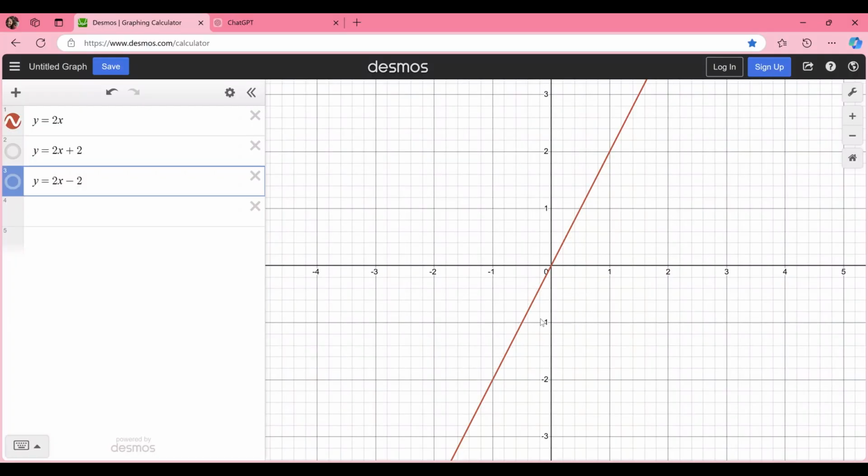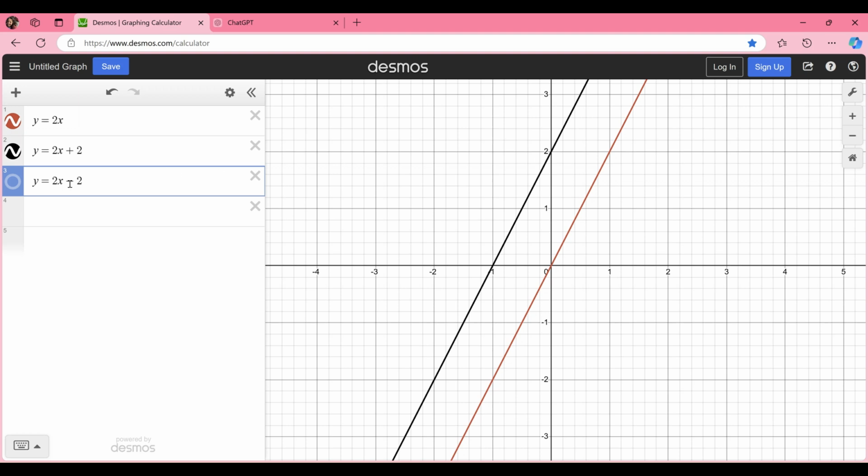Let's look at this using a graphing calculator. This is my line where my y-intercept is 0. If I added 2 to the 2x plus 2, you will see that the graph is going to shift up 2 points.